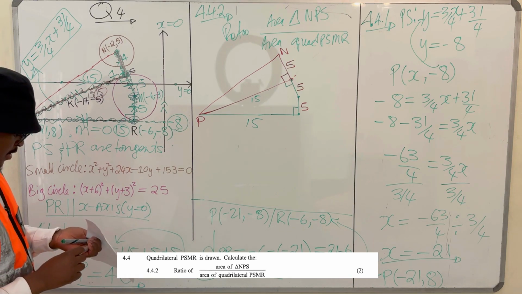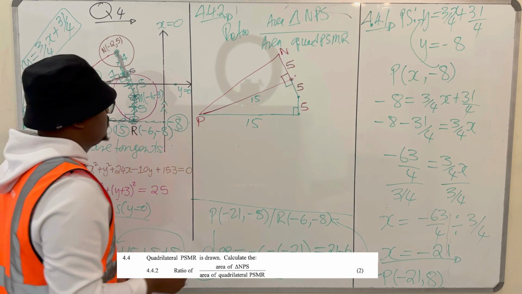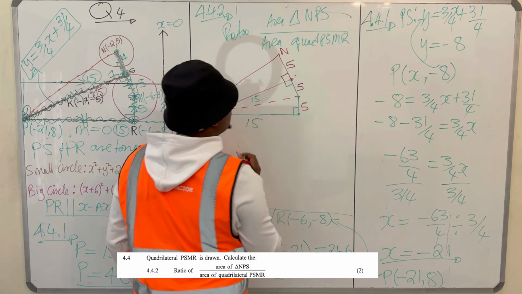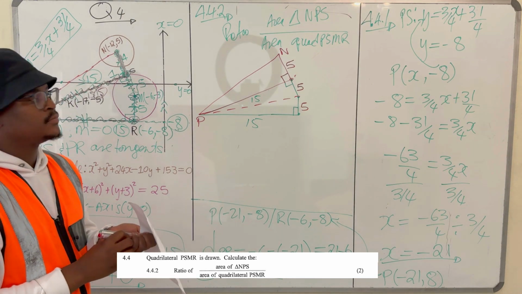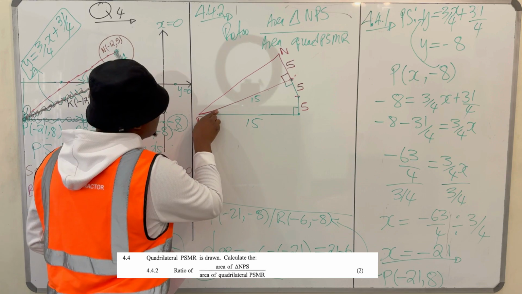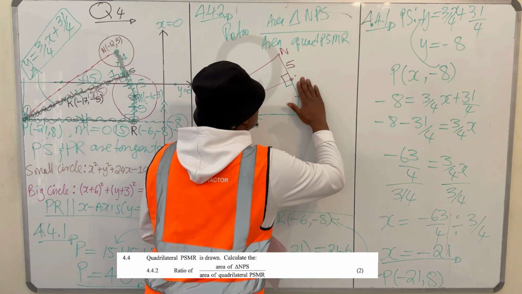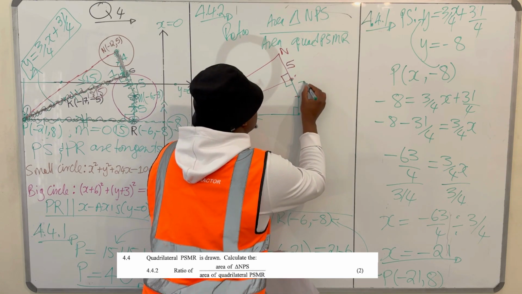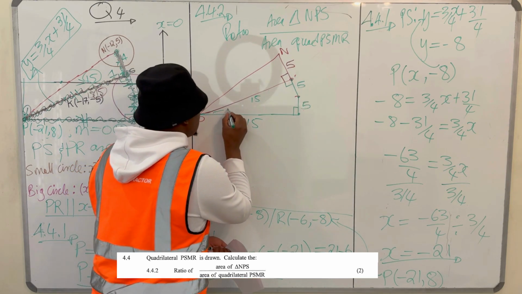So what you can do is have this kite of yours so that you have 2 triangles. You have half the kite. I don't like mixing inks, so I should be using green ink here. So this is 5 and this is 5. So I'm saying half the kite like this.